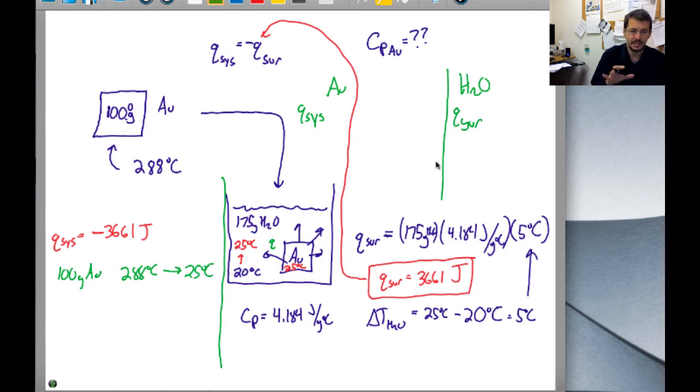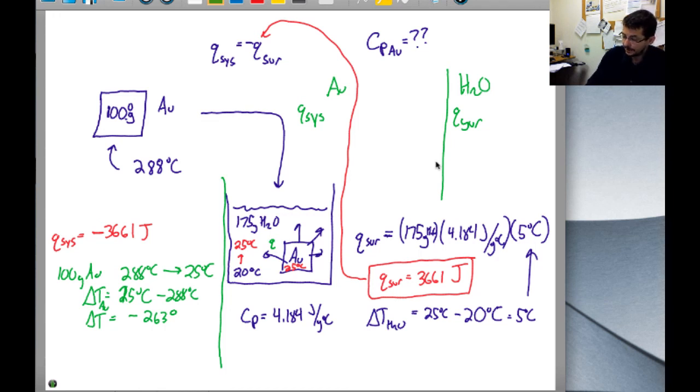Again, that's not 100% obvious, but when something cools, it cools to the same temperature. So the delta T for the gold would equal T final, 25 degrees centigrade, minus 288 degrees centigrade as our starting point, or negative 263 degrees. Our change in temperature is negative 263 degrees.